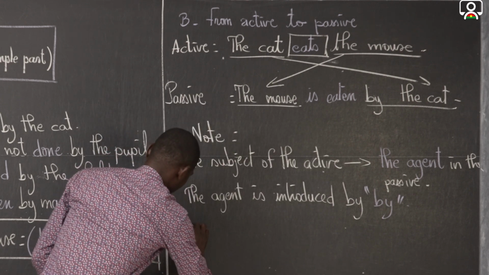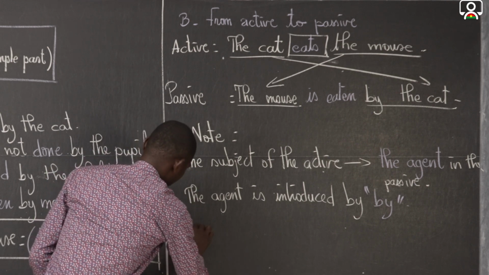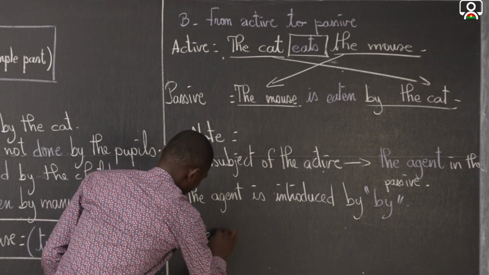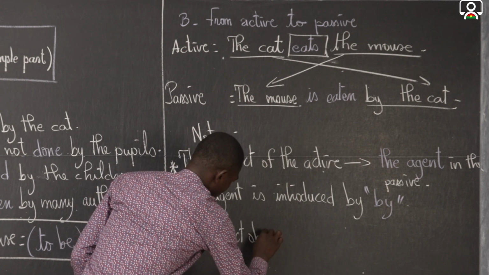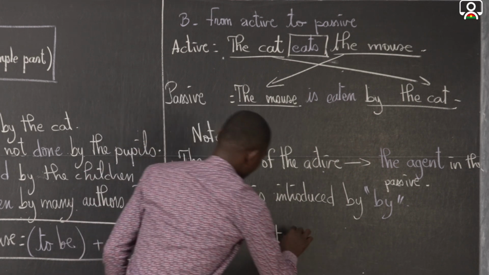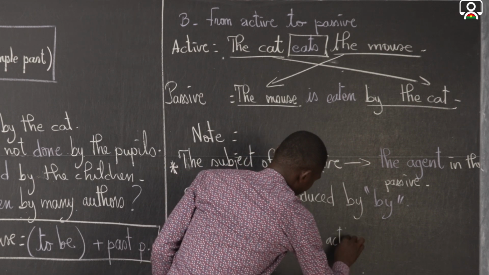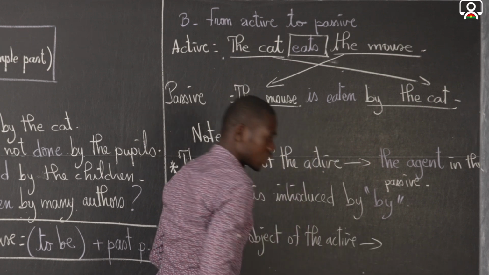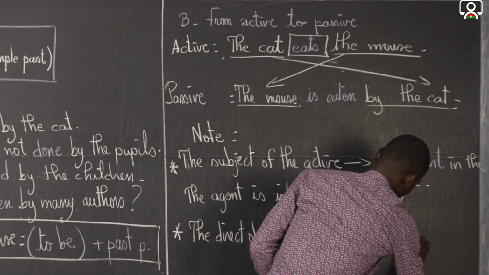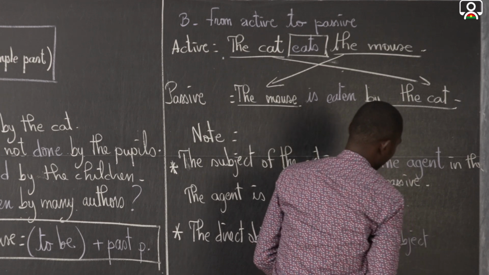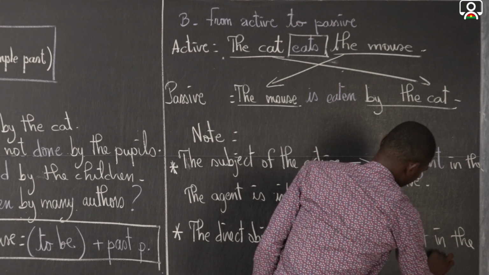The object, the direct object of the active becomes the subject in the passive.